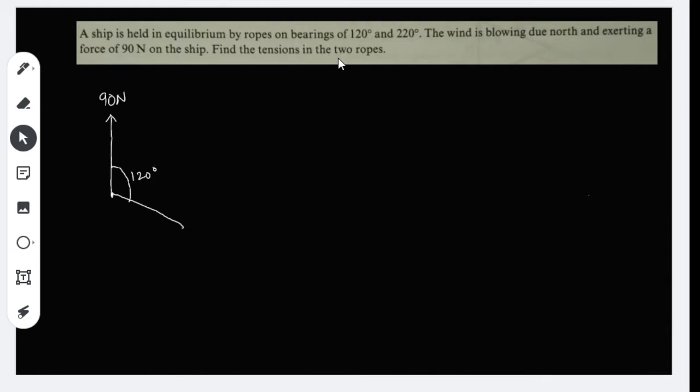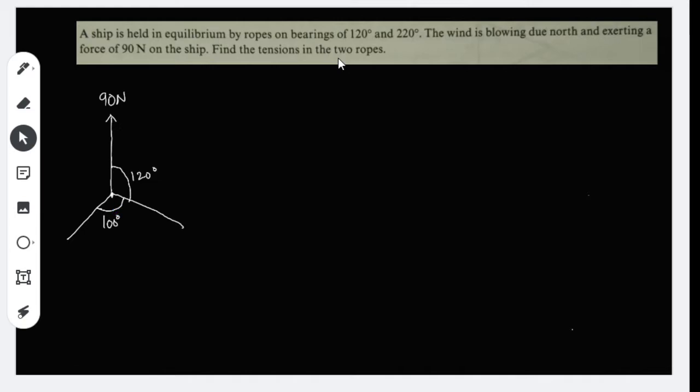Next, the other bearing is 220 degrees. If this is 120 degrees, we can approximate 220 degrees will be approximately here. Let's make it straight. So we can say that this will be 100 degrees up to here.